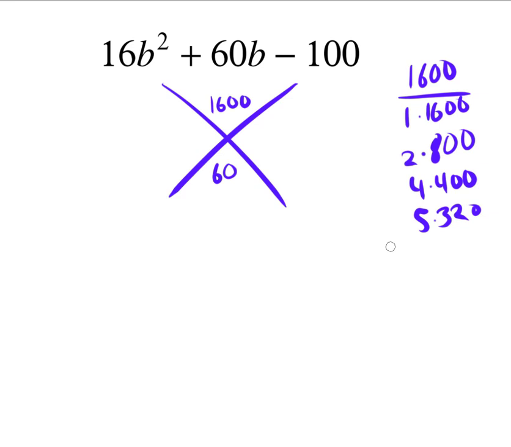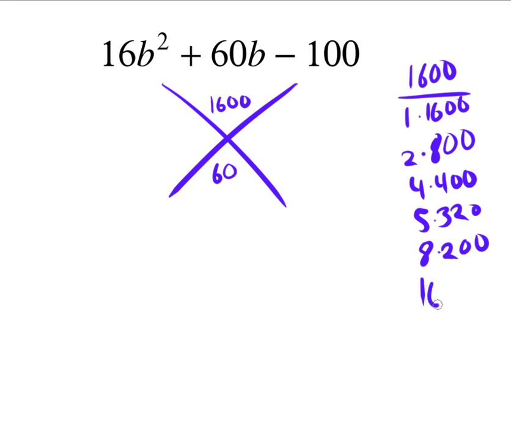1,600 divided by 6, does that work? No. 1,600 divided by 7, no. 1,600 divided by 8 should work. I get 200, so that's 8 times 200. 1,600 divided by 9 will not work because it's not divisible by 3, so it's definitely not divisible by 9. 1,600 divided by 10 does work.